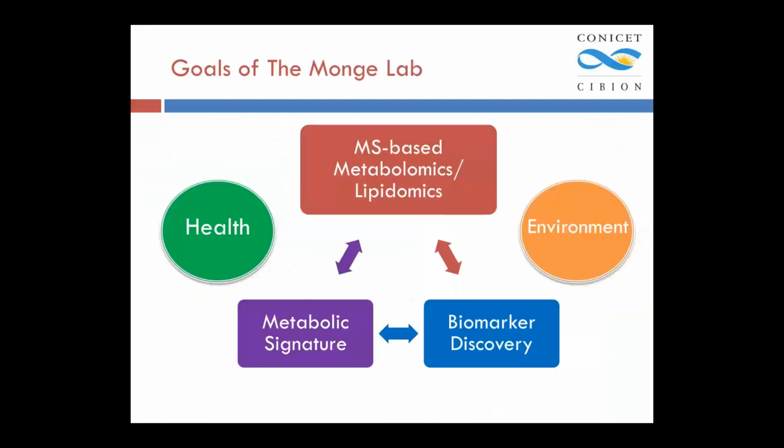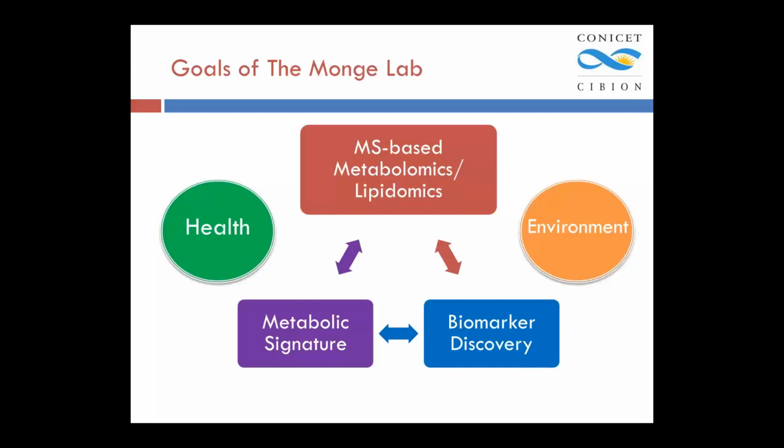And so in our lab, the goals involve developing mass spectrometry-based metabolomics and lipidomics workflows by using biomarker discovery strategies in order to obtain or find metabolic signatures or fingerprints that would allow us to investigate different health-related questions or environment-related applications.